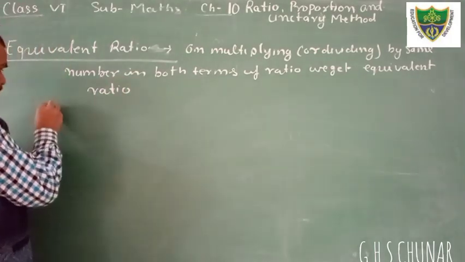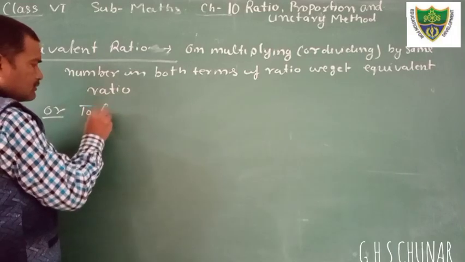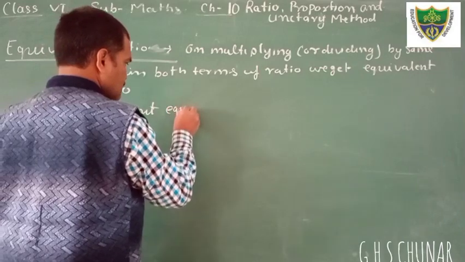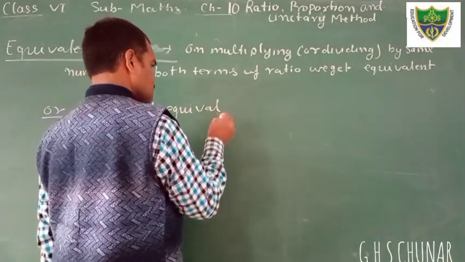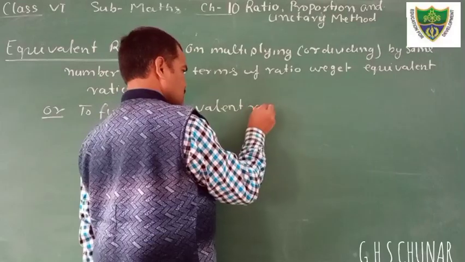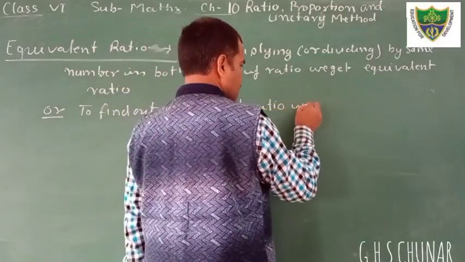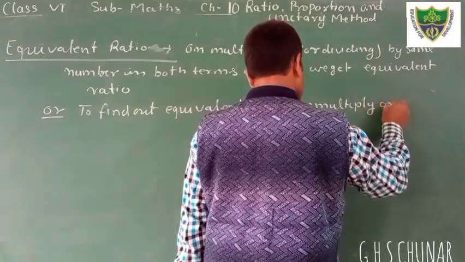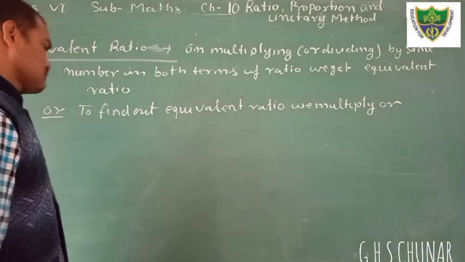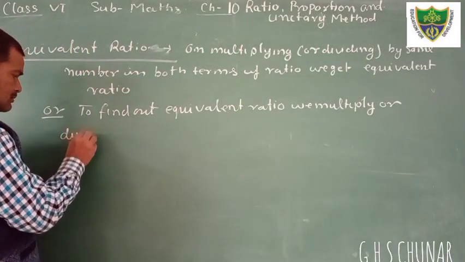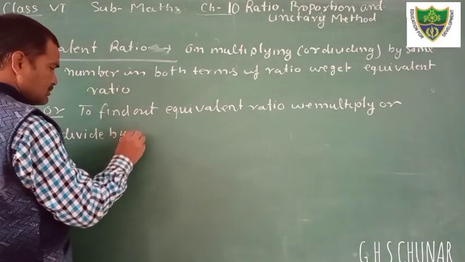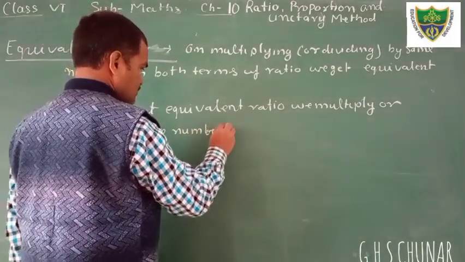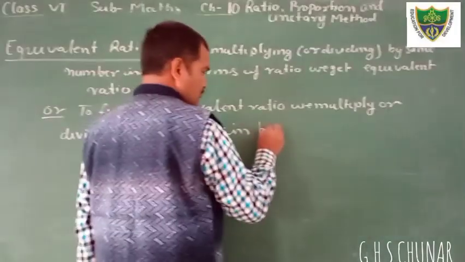Or you can say, to find out an equivalent ratio, we multiply or divide by the same number in both terms.